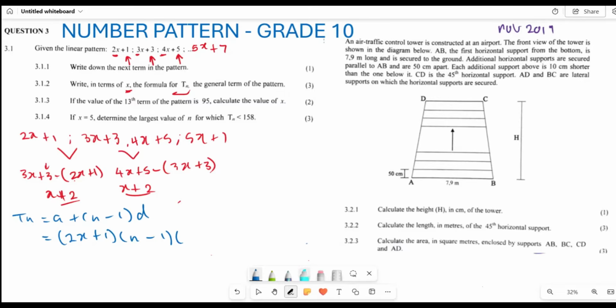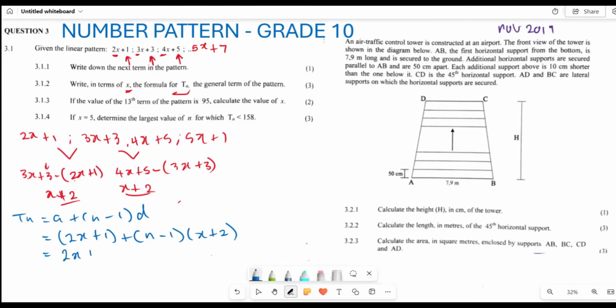Then remember here it must be a plus; let's just fix that one. So this is plus (n subtract 1), and then the difference, we said, is x plus 2. We calculated the difference as we are moving from one term to the next term, it is x plus 2, which means here we are going to multiply.